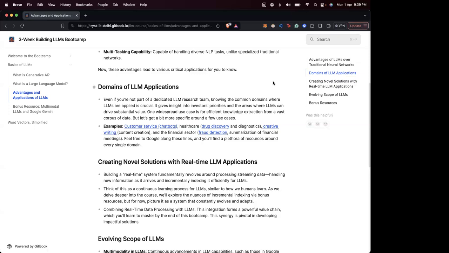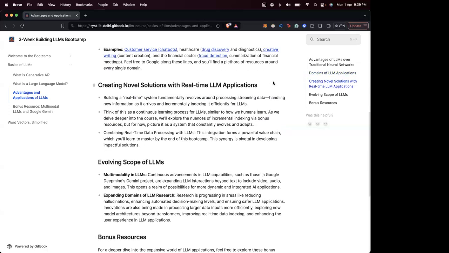So this capability of LLMs, large language models, to output different types of output formats like videos, pictures, etc., is what we call multimodality. So this is an evolving field of research right now.